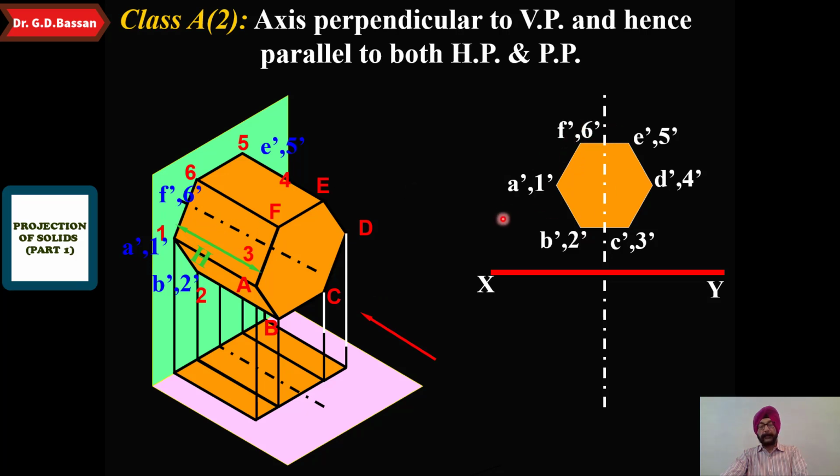Okay, so this is how we can project the front surface and the rear surface of the prism on the vertical plane, and we are getting the front view of this particular solid in our two-dimensional figure.